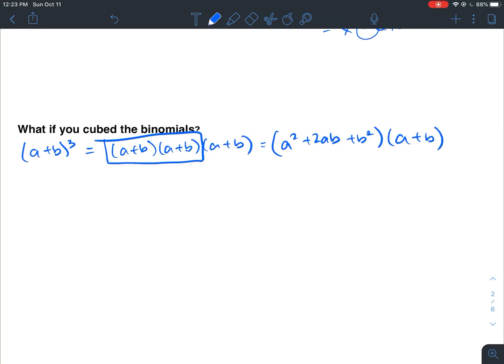So if I were to multiply that out, I take this term and multiply it by both terms inside. So that's a cubed plus a squared b.